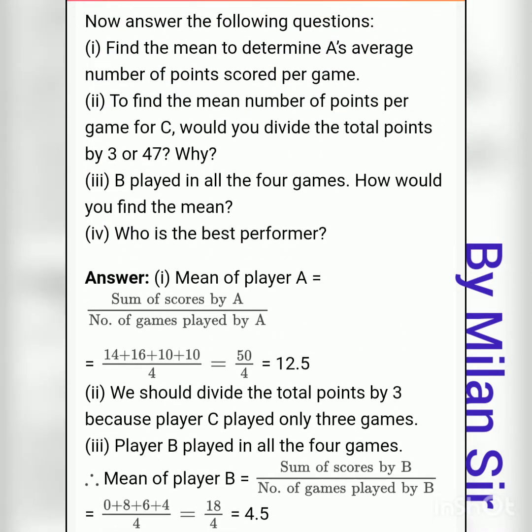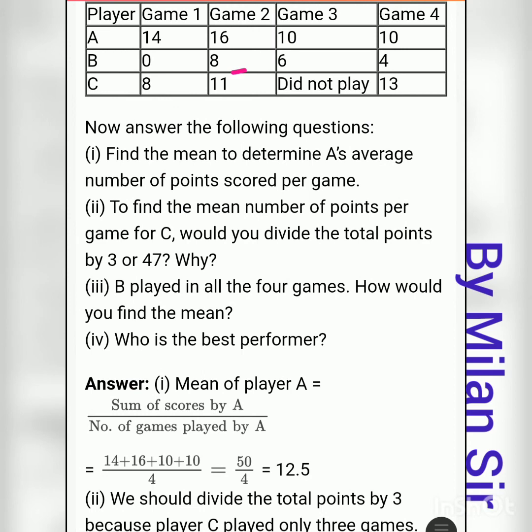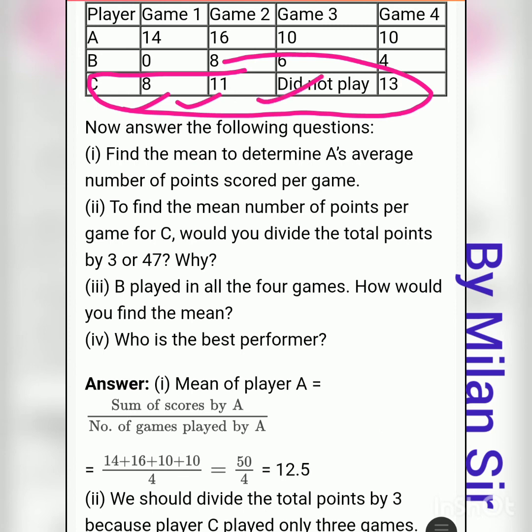Why? Here if we look at the table, C row, in game 1 8, game 2 11, and did not play, and here 13. Okay, so one game he did not play, so in total he played 3 games.